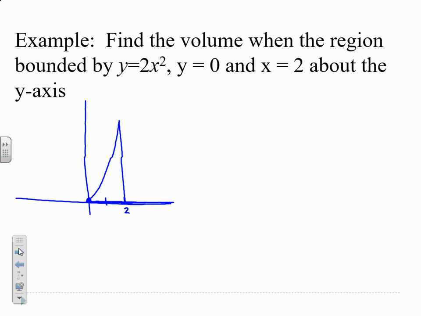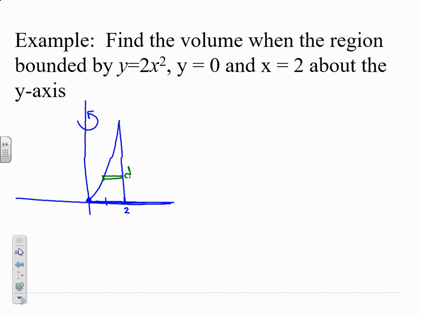Okay, so we're taking that, can't really call it a triangle, but triangle-ish shape, and we're going to rotate it about the y-axis, okay?